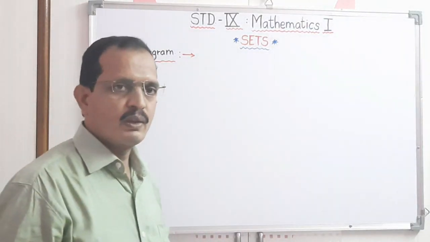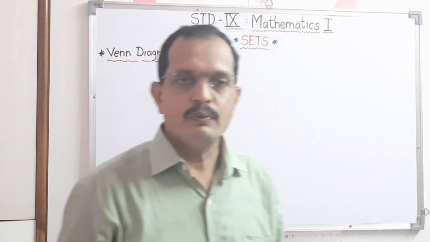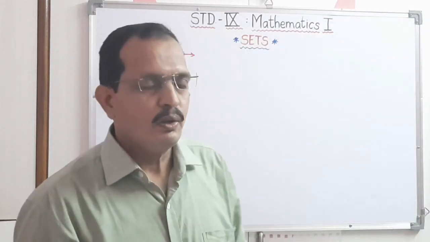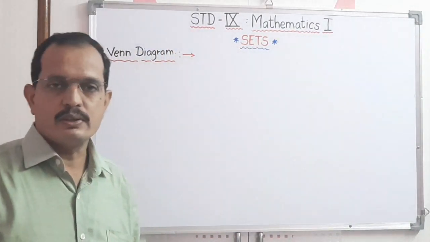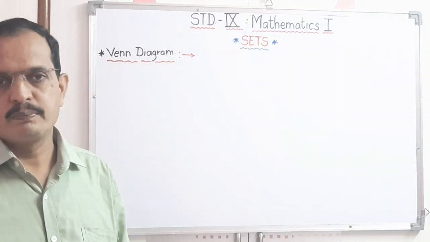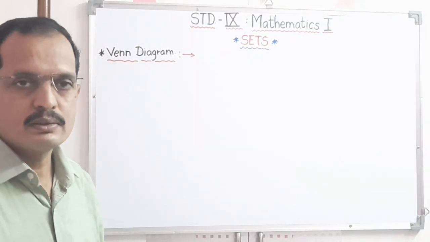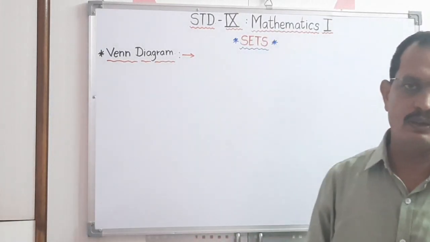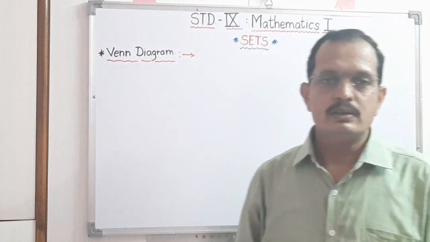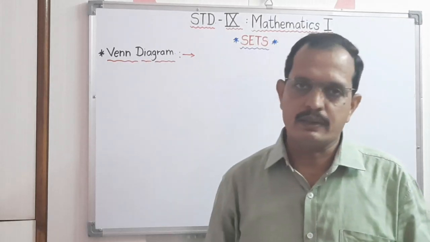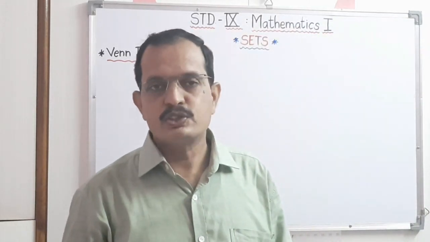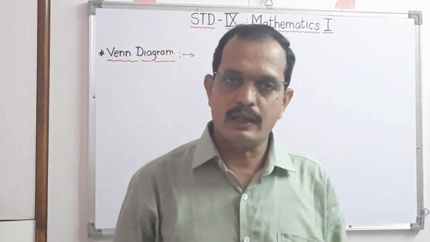Now to understand sets easily, British logician John Venn introduced the representation of a set by using a closed figure, and representing a set by a closed figure is called a Venn diagram.